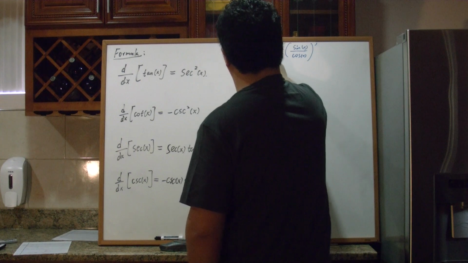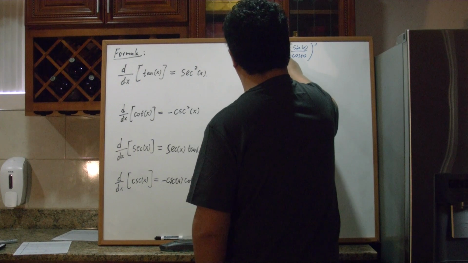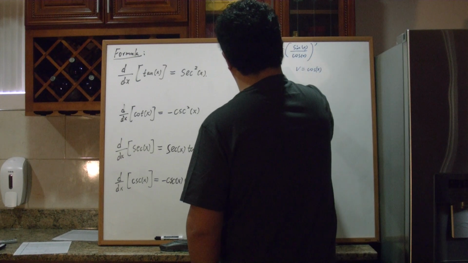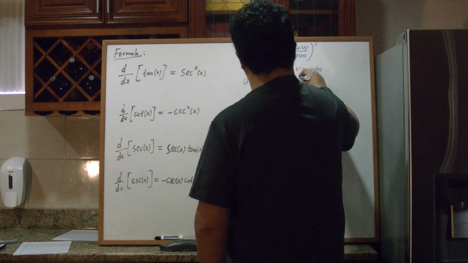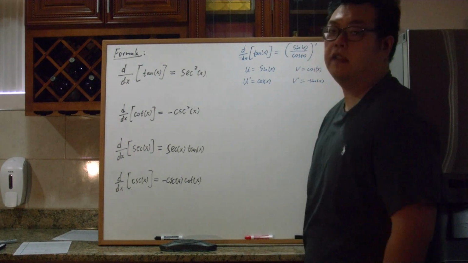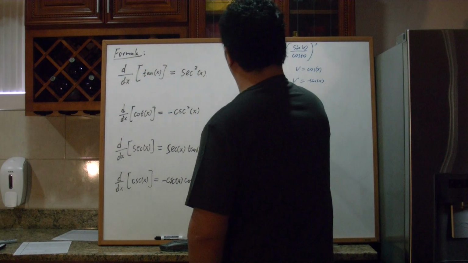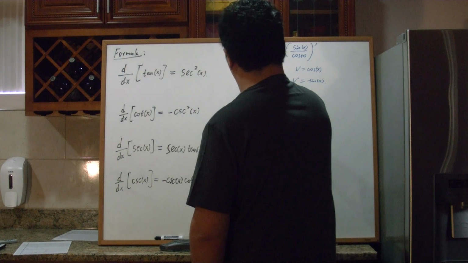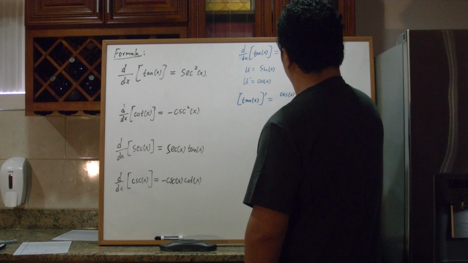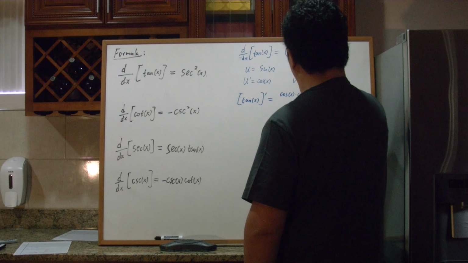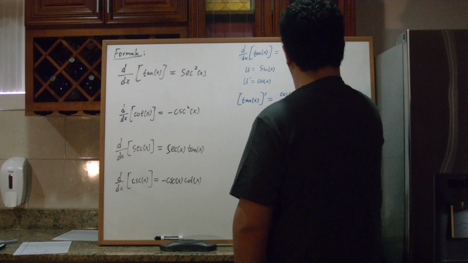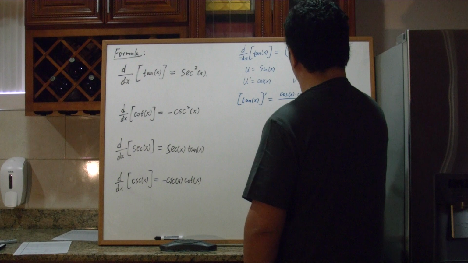Therefore, we can get u to be sine of x, v is cosine of x, so u prime is cosine, and v prime is negative sine. But that's no problem. Therefore, the derivative of tangent x is u prime times v minus v prime times u over the square of v.